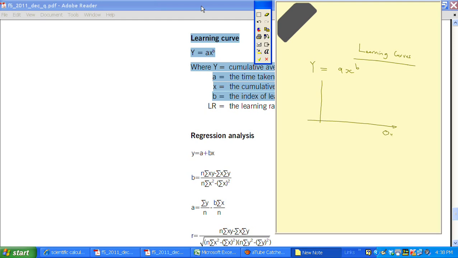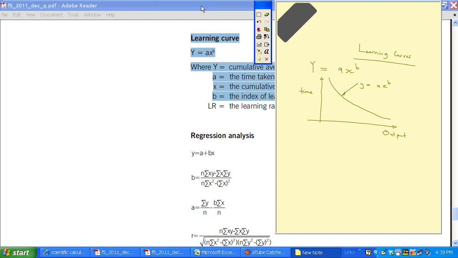If I have output on one side, and here I have time, let's say I'm performing a certain activity. As my output keeps increasing, the time per unit keeps decreasing. So the formula for this curve, which they call a learning curve, is expressed by y equal to ax to the power b.